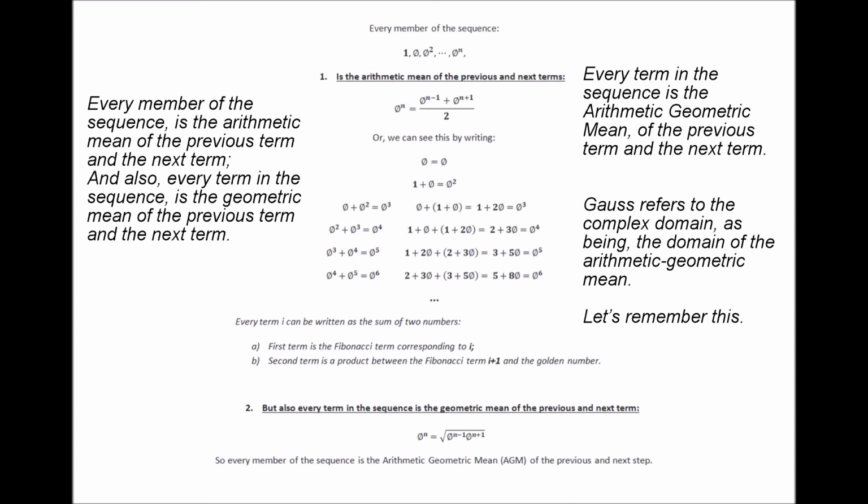And also, every term in the sequence is the geometric mean of the previous and next term. So, every term in the sequence is the arithmetic geometric mean of the previous term and next term. One more thing: Gauss refers to the complex domain as being the domain of the arithmetic geometric mean. Let's remember this.